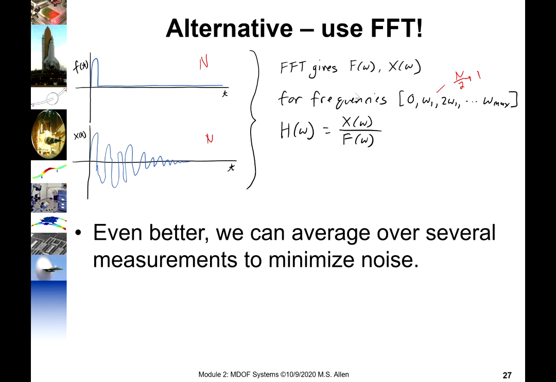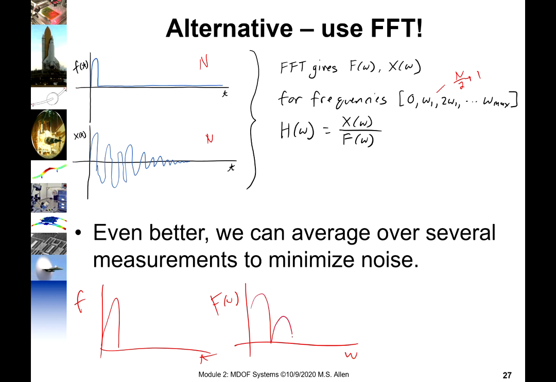The one potential downside to this approach is if we apply a force such as what I just showed, this is versus time, in the frequency domain, that force will look something like this.